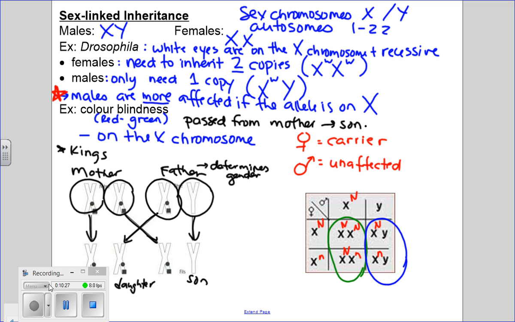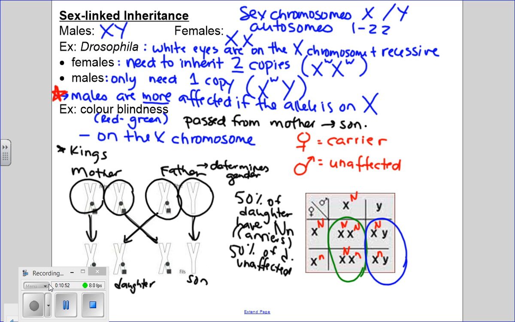So if I were to answer this question, I would say 50% of their daughters have that genotype, so they are carriers. And I would say 50% of daughters are unaffected. So notice I didn't say 25% because I'm only talking about daughters. There were 2 possibilities for daughters. One of them was a carrier, one of them was not.